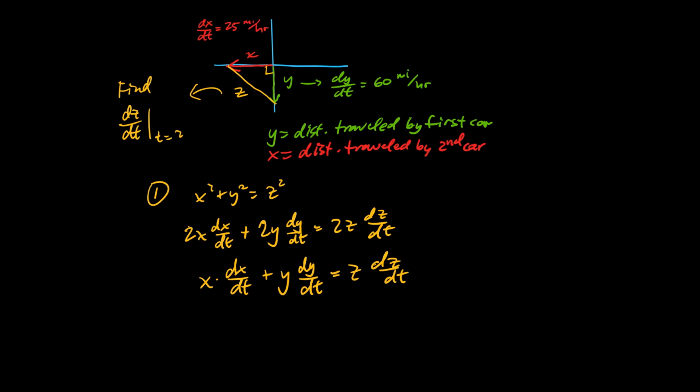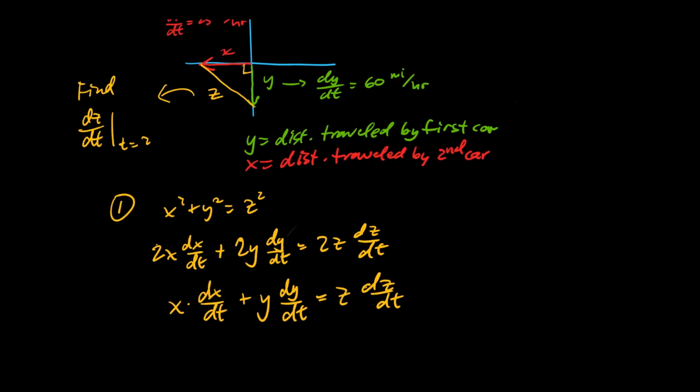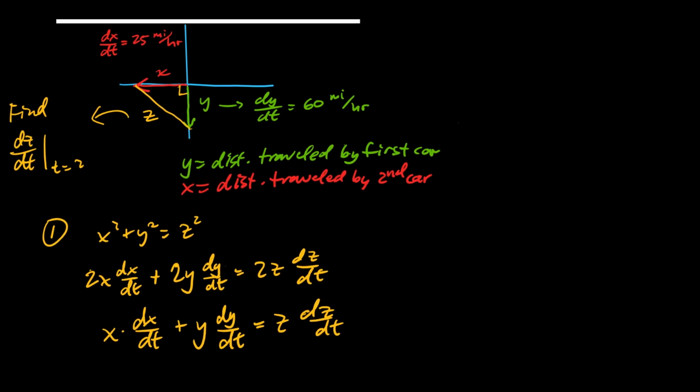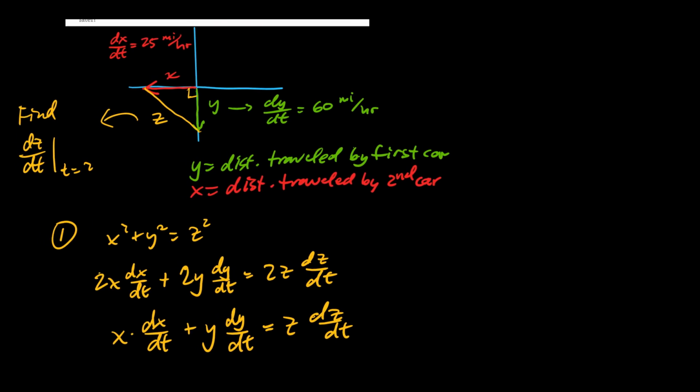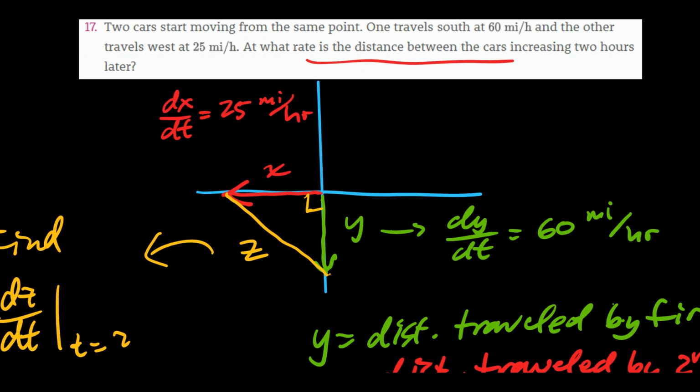It says 2 hours later, so let's see what z, x, and y are going to be. X is going at 25 miles per hour, so when t is 2, this implies x is 50.